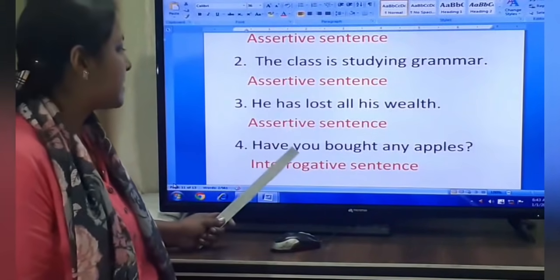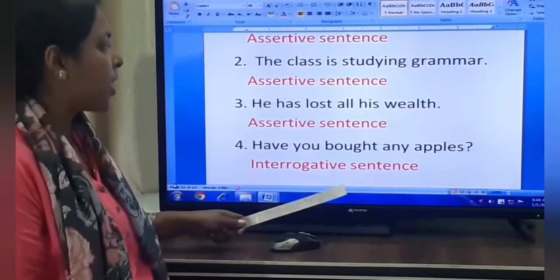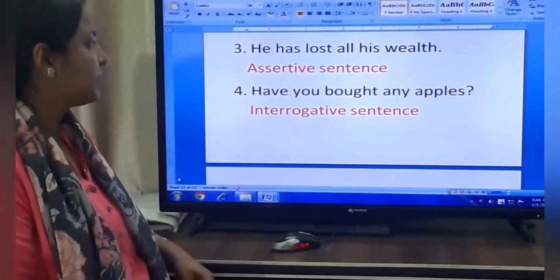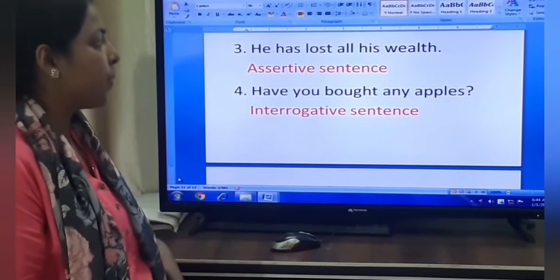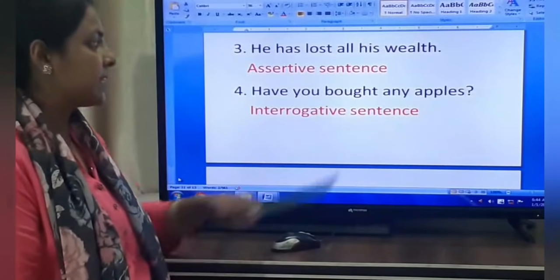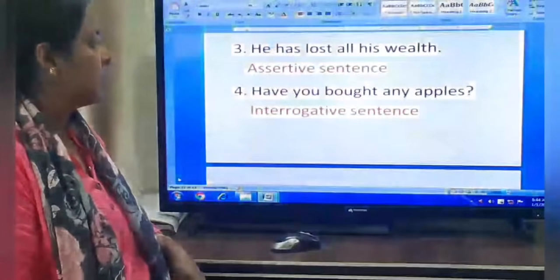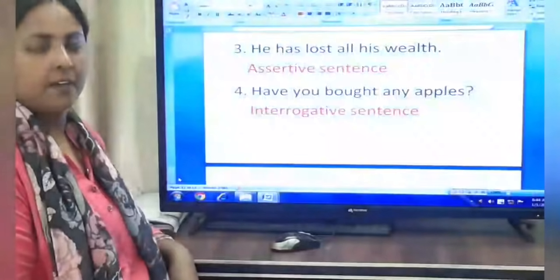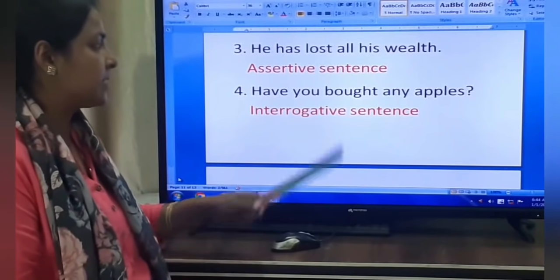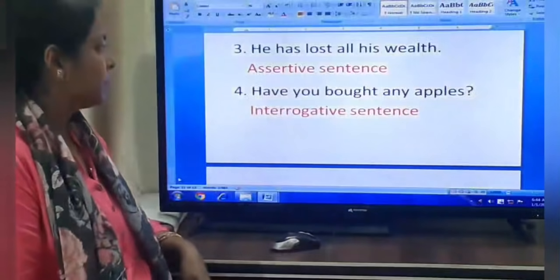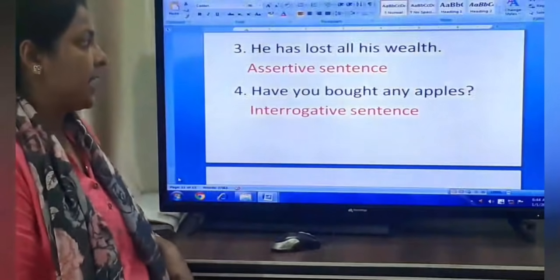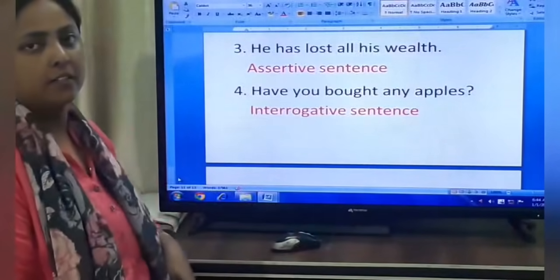The next sentence is, have you bought any apples? I repeat, have you bought any apples? Which sentence is it? Interrogative sentence. Now why is this sentence an interrogative sentence? It starts with a capital letter H and ends with a question mark.